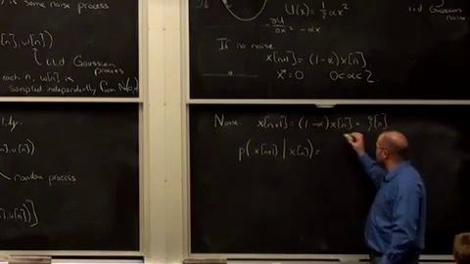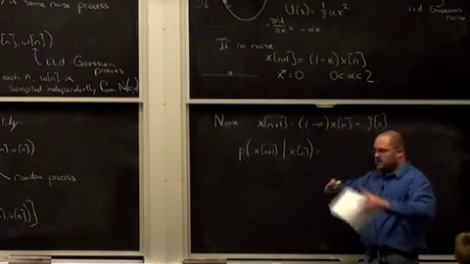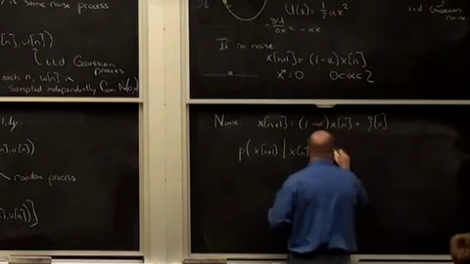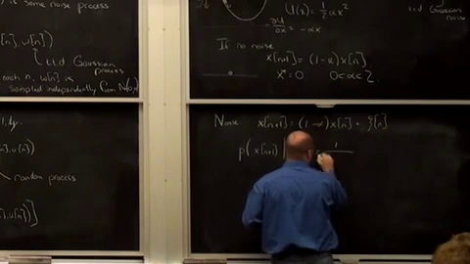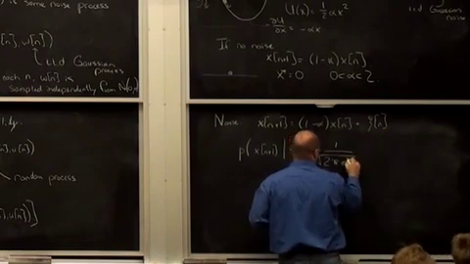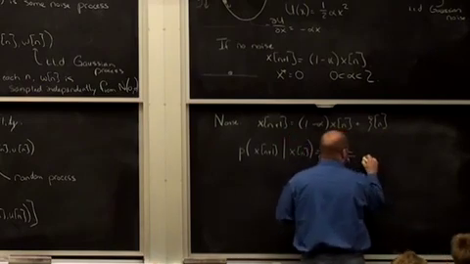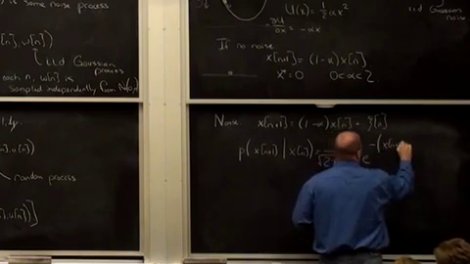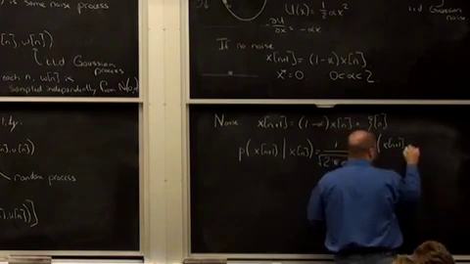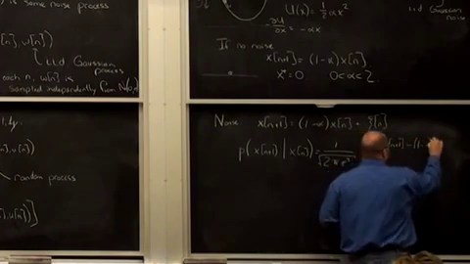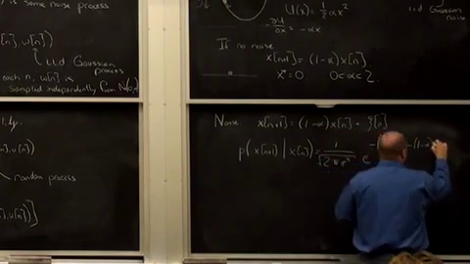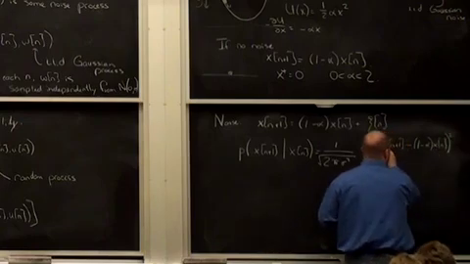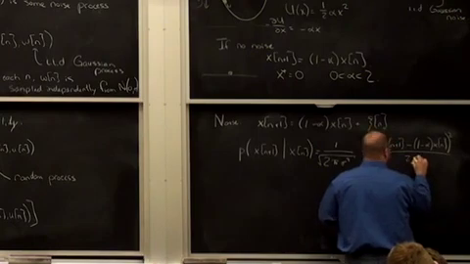The deterministic part puts me here, and then this part adds noise to that. So that's going to be my full Gaussian here: 1 over the square root of 2 pi sigma squared, e to the negative x n plus 1 minus 1 minus alpha x n, that whole thing squared, all over 2 sigma squared, yeah?